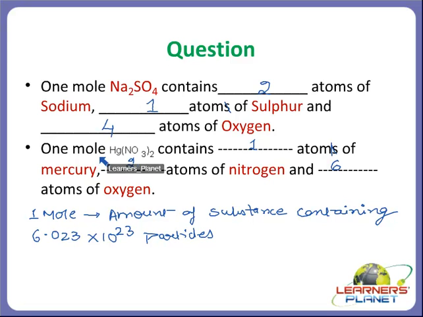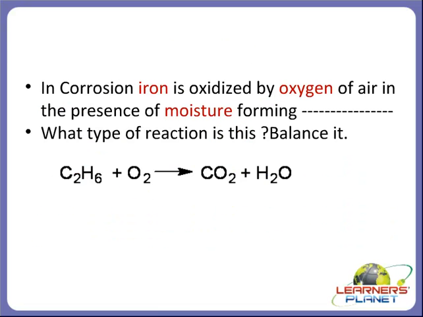So there are 6 atoms of oxygen. Clear, children? Now again it's 1 mole of mercuric nitrate. What does this mean? It has 6.023 into 10 to the power 23 molecules of mercuric nitrate. Clear, children? Now let's move to our next question.